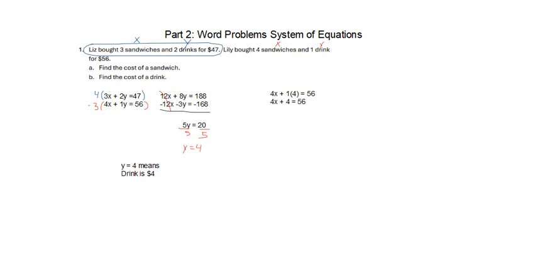Well, that means 4x plus 4 equals 56. And now we can start moving things around. I can subtract 4 on both sides. So that means that 4x is now equal to 52. And then from here, we can divide by 4.